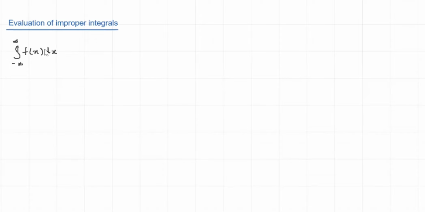whose denominator degree is at least 2 units greater than the numerator, and f of x does not have any singularities on the real axis.